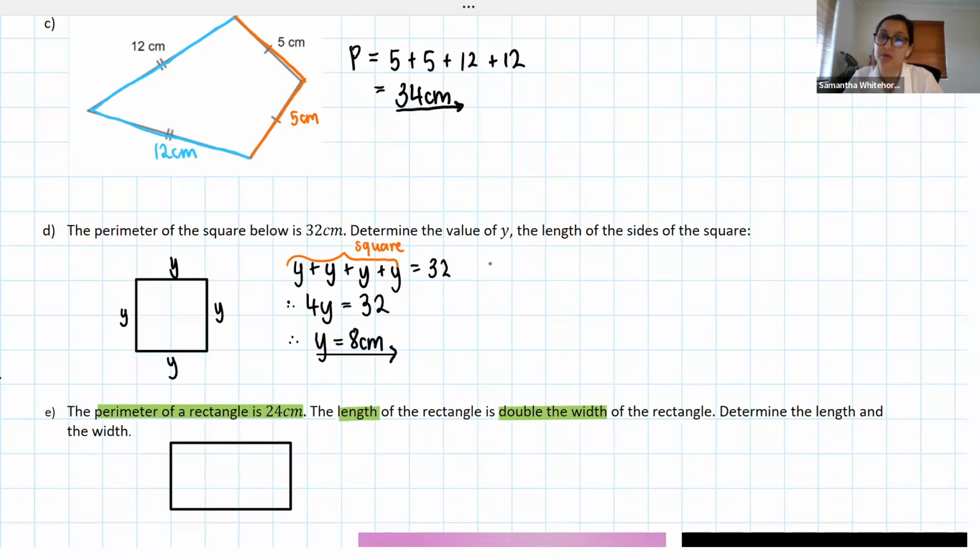Imagine your rectangle with your answers, add up the 4 sides and see that you do get 24. You can also check yourself by going back to the fact that I said the length is double the width. So if the answer you get for your length is not then double what your width answer is, you've probably done something wrong.